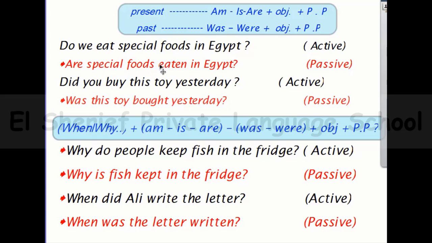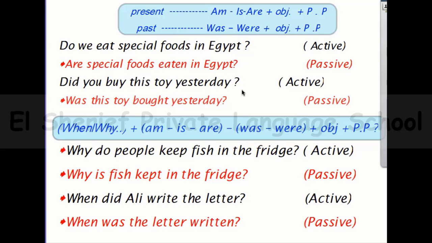Are special foods eaten in Egypt? Number 2, for the past, we will start with was or were and the object and the past participle. For example, did you buy this toy yesterday? It's the active voice. When we turn it to the passive, we will start with was or were. So the answer is, was this toy bought yesterday?